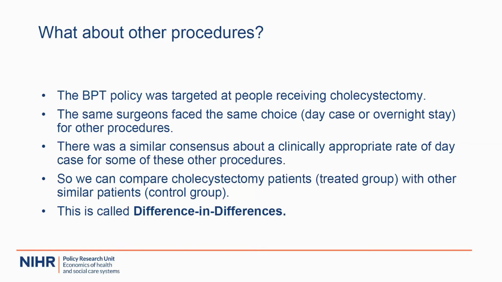If you weren't going into hospital for a cholecystectomy, then the hospital wasn't being paid differently to treat those receiving that other procedure as a day case or an overnight stay. Then we've got this control group.